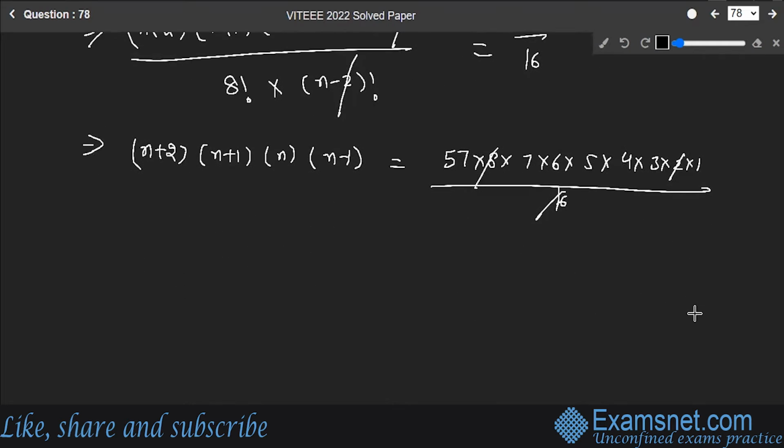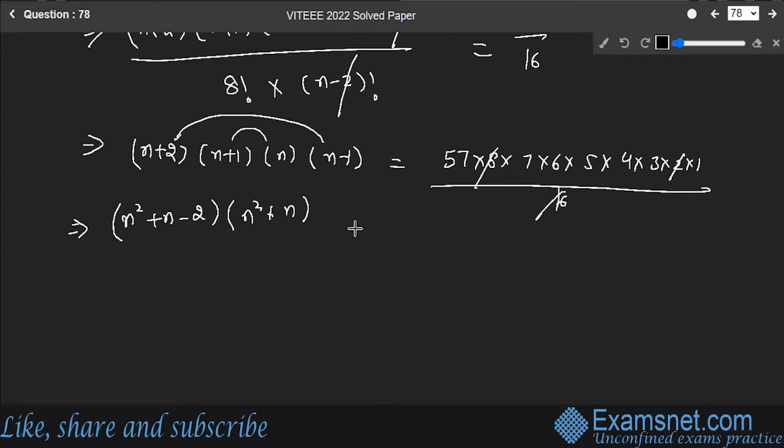Okay. So now if I solve it further, this can be written as n square plus n minus 2 into n square plus n, where I'm multiplying these two and these two.